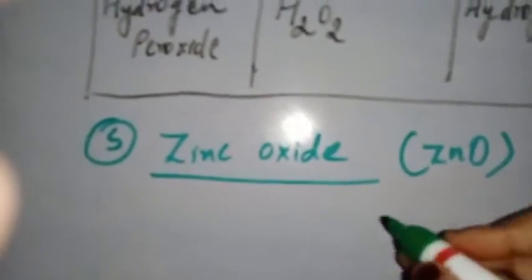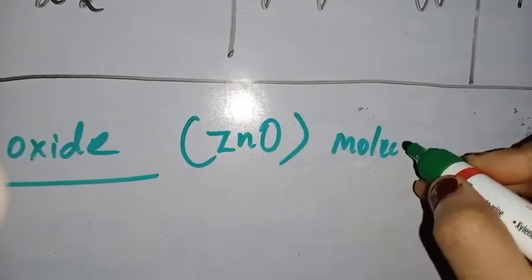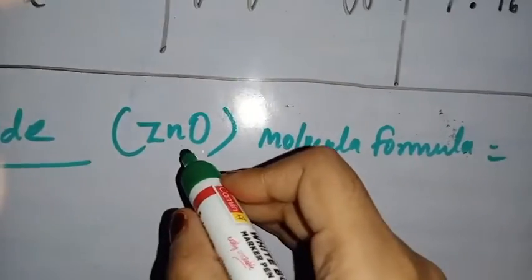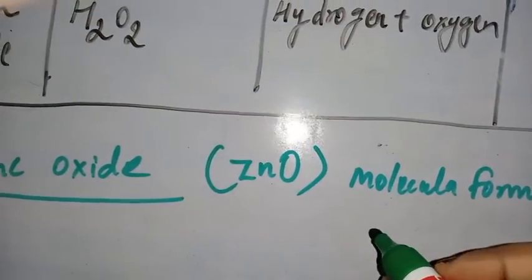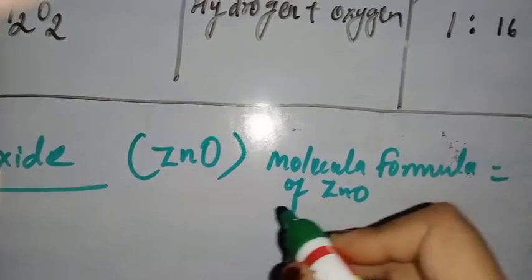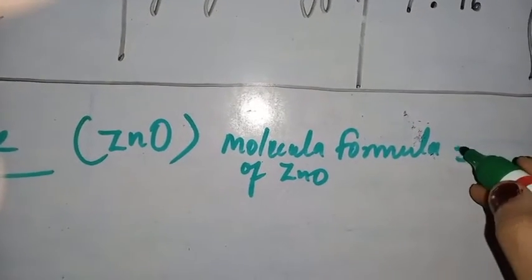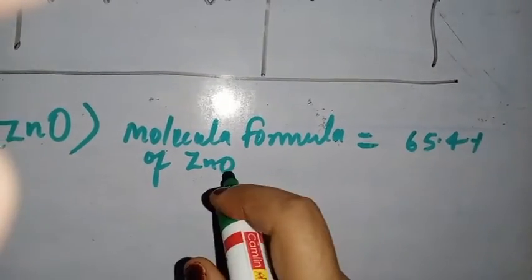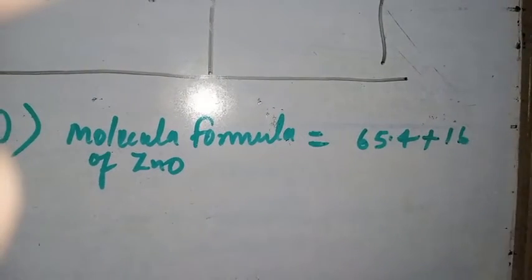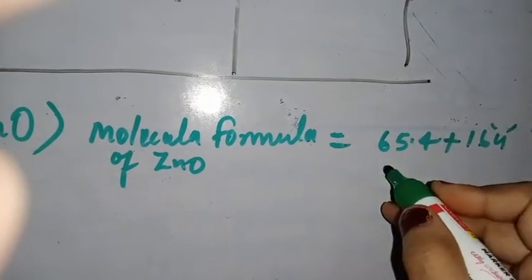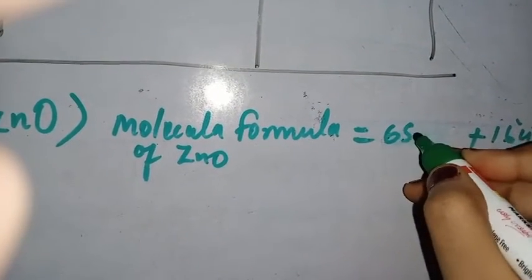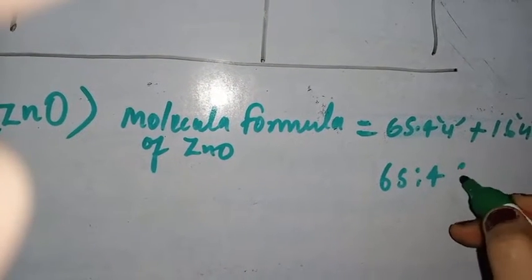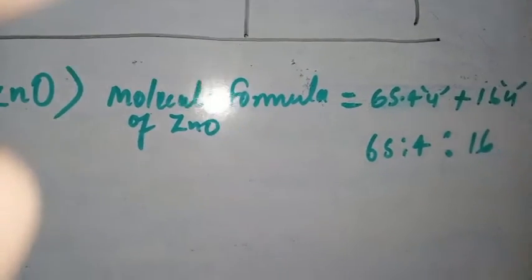The molecular mass of zinc oxide is atomic mass of zinc, 65.4 U, plus atomic mass of oxygen, 16 U. So it will be in the ratio of 65.4 is to 16.